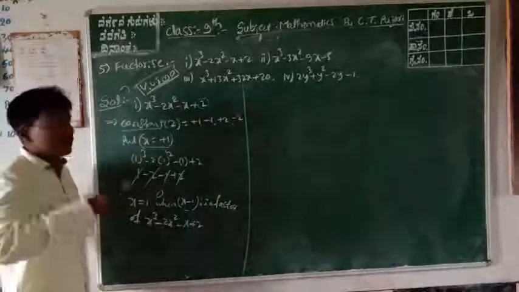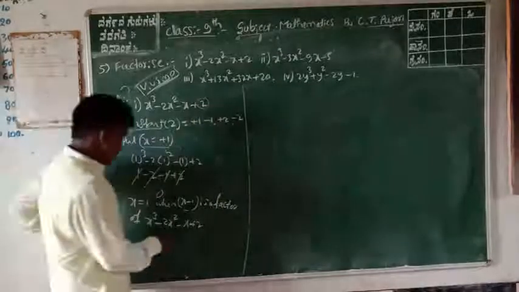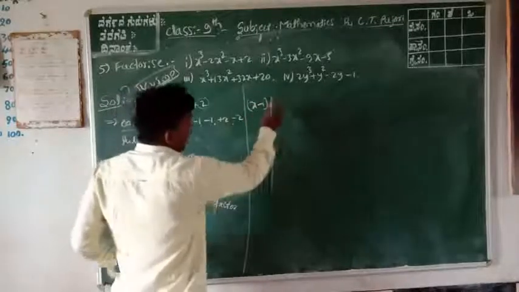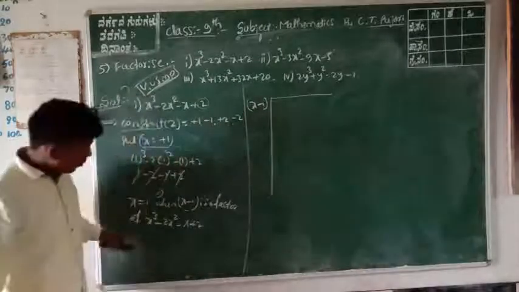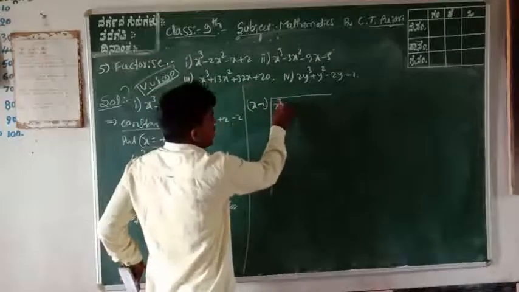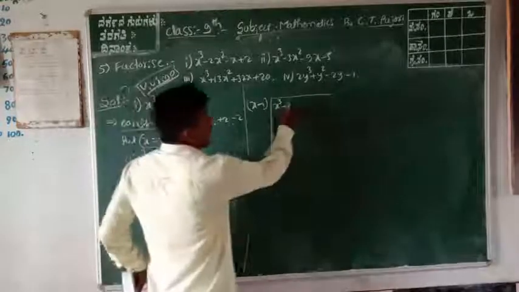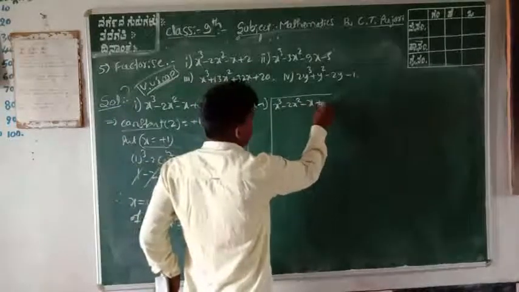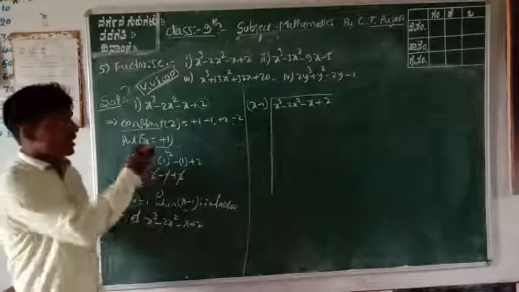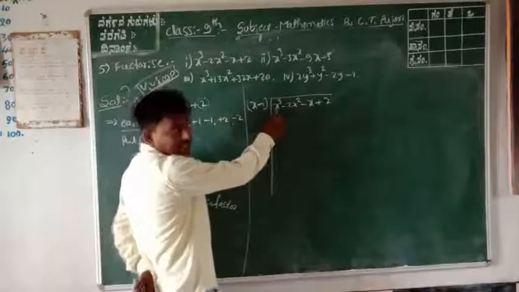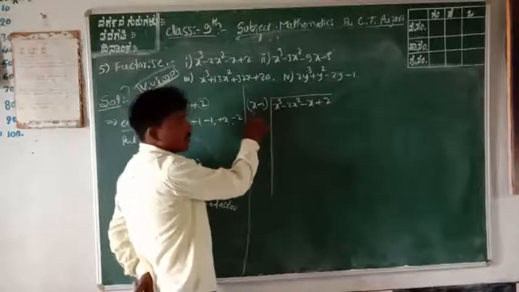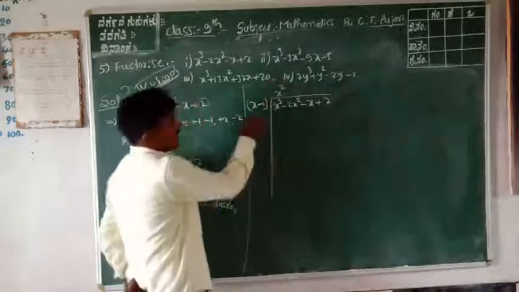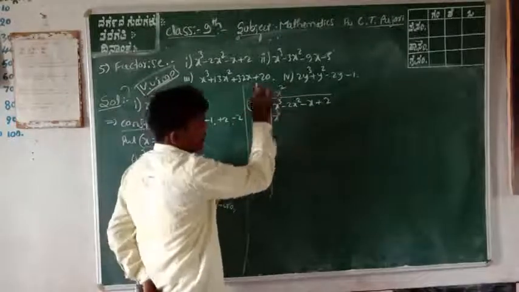Next, you can find the other factors by the division method. Divide the cubic polynomial x cubed minus 2x squared minus x plus 2 by x minus 1. The first term is x cubed, and in the divisor it is x, so take x squared. x into x squared is x cubed.